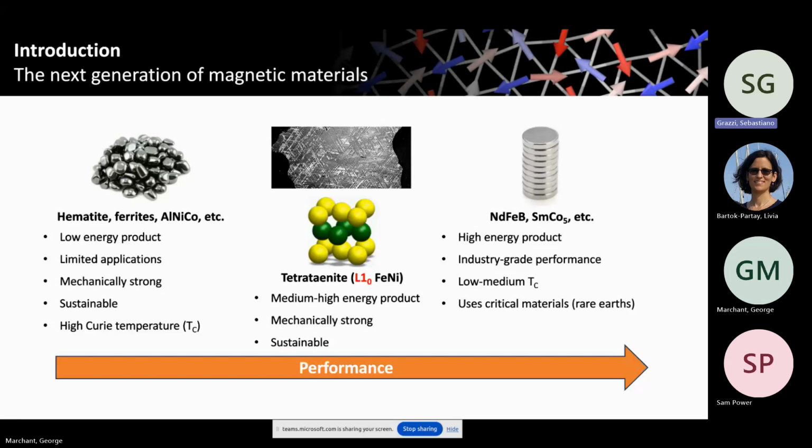Usually, we will end up alloying some amount of rare earth with transition metal magnets in order to bring up the Curie temperature of the material. But still, that involves using some amount of rare earths.